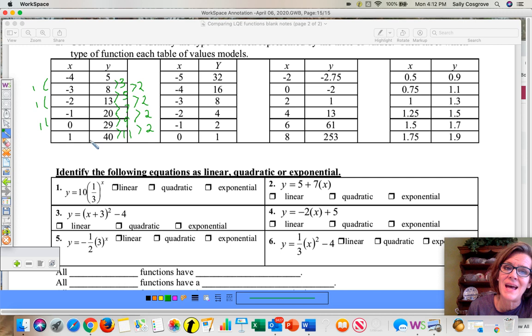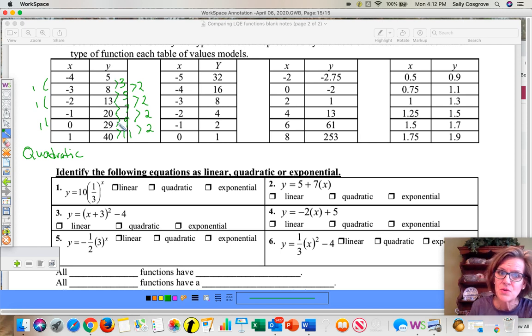How about that? So what do I know about this table? It is quadratic. And that's interesting because usually when we see a quadratic table, we see the turning point. We see it increasing and decreasing, or we see it decreasing and increasing, right? But not in this one.